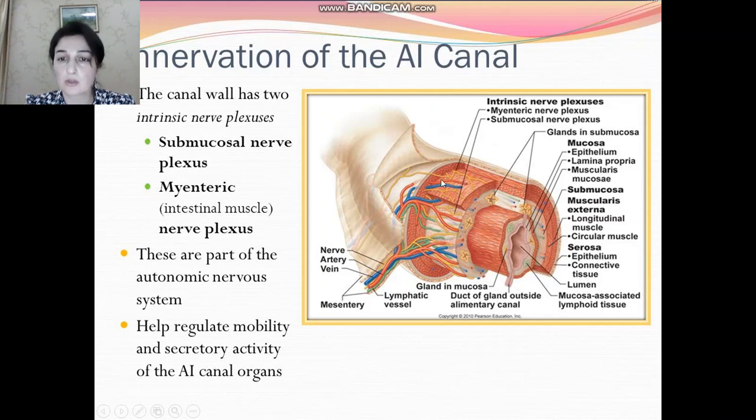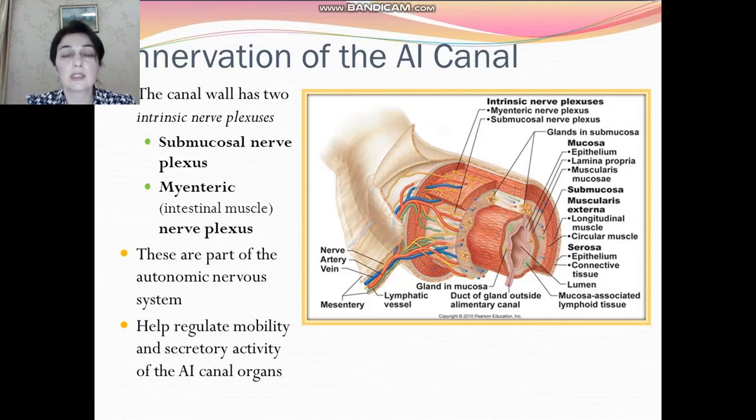So our myenteric nerve plexus will control peristaltic activity of the wall of the alimentary canal, mainly muscular contractions of the muscularis externa. It will provide movement of the chyme, the digested food, along the alimentary canal.